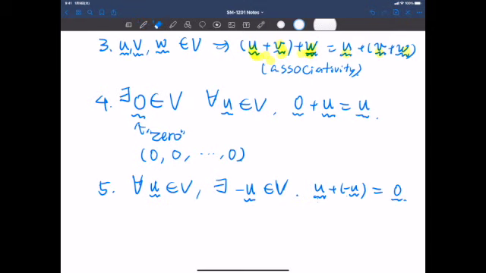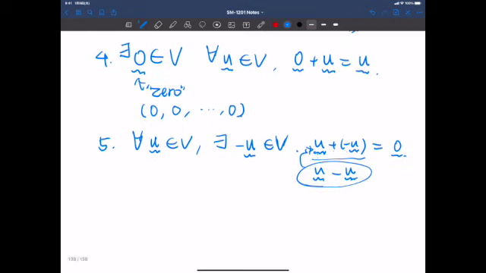And we can abbreviate this expression as just u minus u. But this is a shorthand notation for this expression, u plus negative u. So subtraction is just a shorthand for addition between one element and its additive inverse.